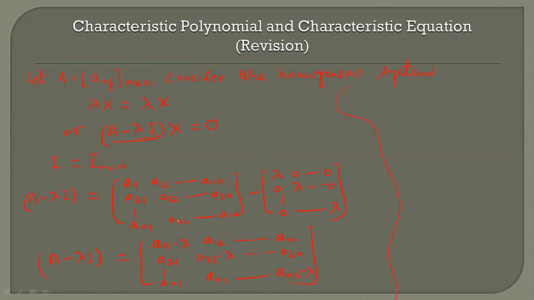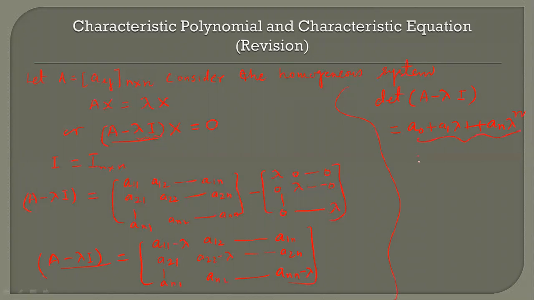If we take the determinant of this matrix, because it is again a square matrix, so we can take the determinant. So the determinant of A minus lambda I will be in the form of a0 plus a1 lambda plus and so on, an lambda to the power n. If you expand this matrix with the help of determinant properties, you will get that the determinant is an nth degree polynomial.